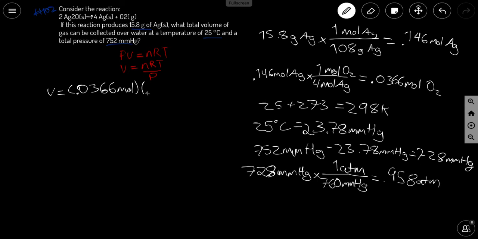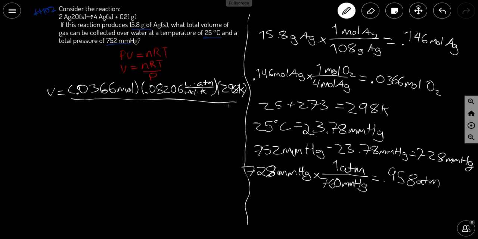R is a constant and its value is 0.08206 liters times atm divided by moles times Kelvin. Temperature, we found it to be 298 Kelvin. And pressure, we just found to be 0.958 atm.